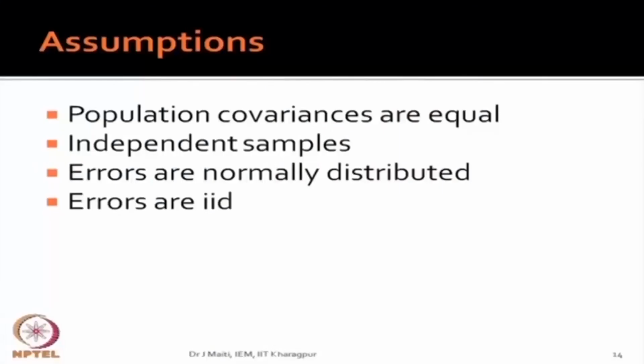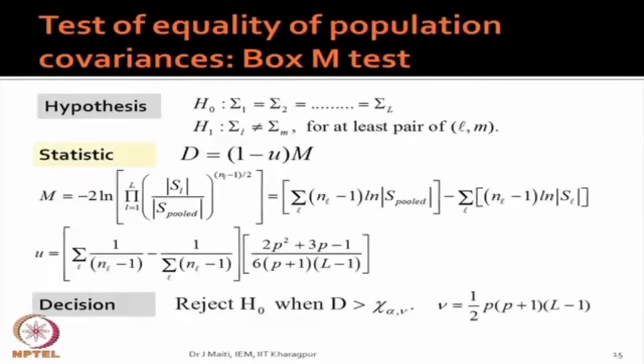Now, population covariance is equal. What statistic will you use for MANOVA? In MANOVA, we will use the Box M test. So, let us see what this Box M test is.